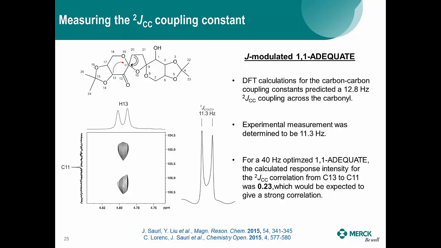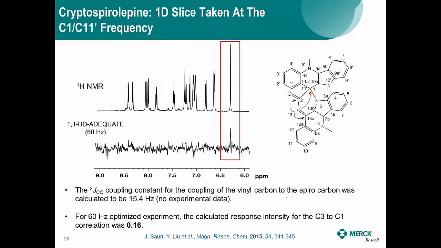Another example is on the cryptospirolepine. I already showed that before. If you remember, there was a weak correlation from proton 13 to the spirocarbon. This was a 2J correlation, and again, this is across the carbonyl. Here, unfortunately, we were not able to measure the experimental value of this two-bond correlation, but we ran DFT calculations and got a predicted value of 15.4 Hertz.